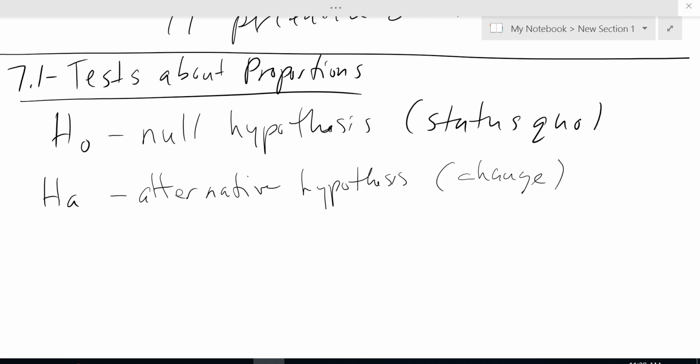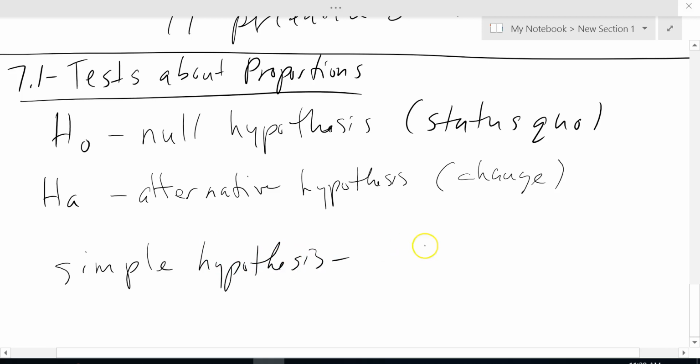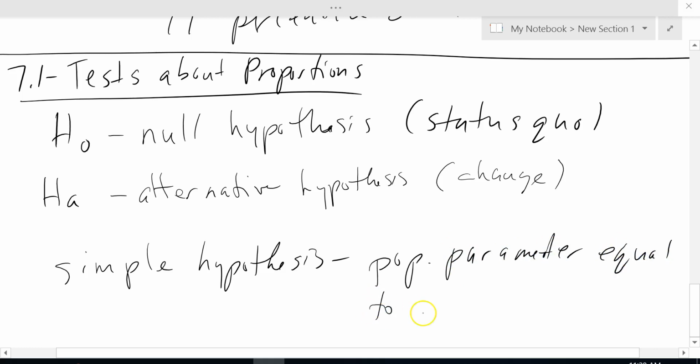When the population parameter is said to be equal to a specific value, that's a simple hypothesis, whether it's the null or the alternative. So a simple hypothesis is that the population parameter is equal to a specific value.